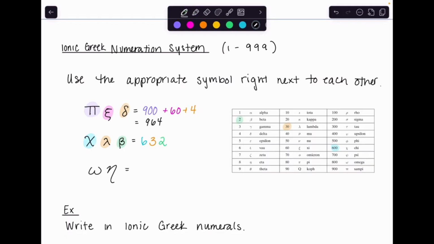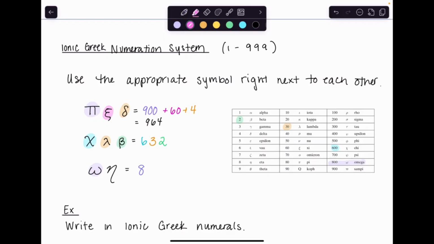When it gets to there just being 2 digits, that's where you have to pay close attention. If I look for this symbol in the tens spot, I have absolutely nothing that looks like it. So moving on to the hundreds position, that first symbol is definitely going to be omega. So that is 800 to start with.